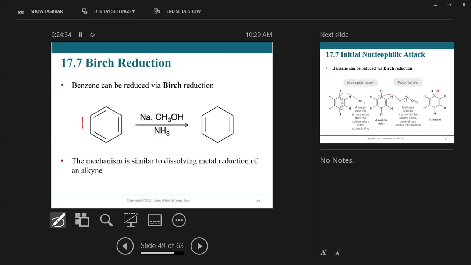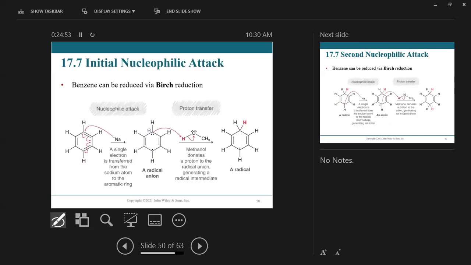Otherwise, I don't know how this is going to go on. But then it is in this ammonia solvent. So they do have ammonia as a solvent. So maybe you only need 1 equivalent of this due to the reaction conditions. And so this would be a separate thing to study on its own.